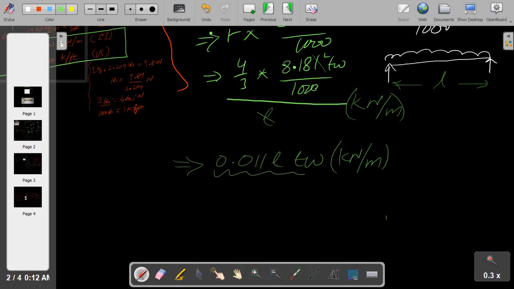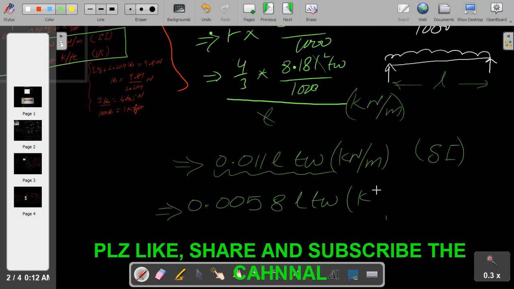This equation will be used in SI units, and if you convert this into US customary units, what we got here is 0.0058 LTW kip per running feet. This will be used in US customary units.